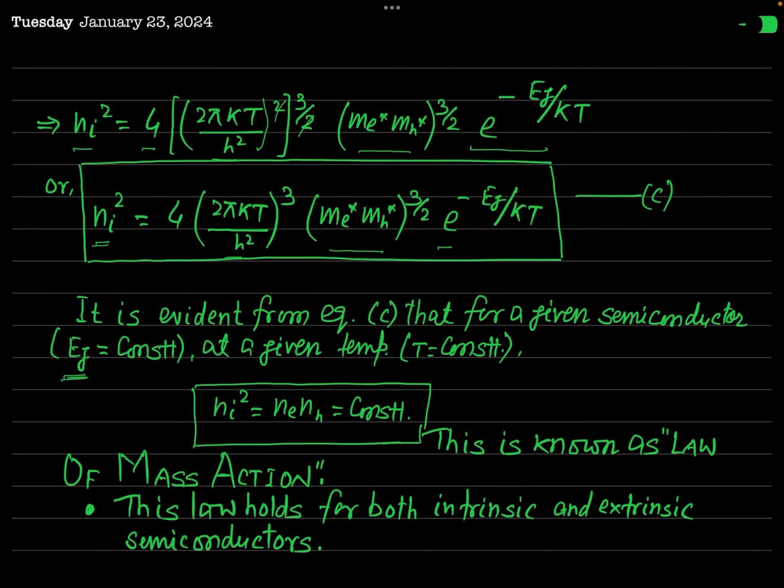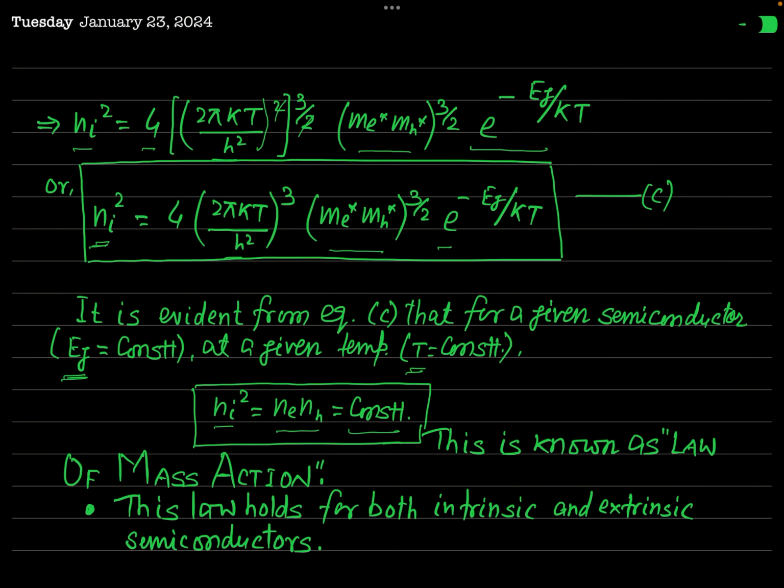And so if you consider a particular temperature T2, then at a particular temperature for a given semiconductor, this Ni square will have a particular value. It will be constant. So we can say that for a given semiconductor at a given temperature, Ni square, which is equal to Ne times Nh, is equal to a constant.